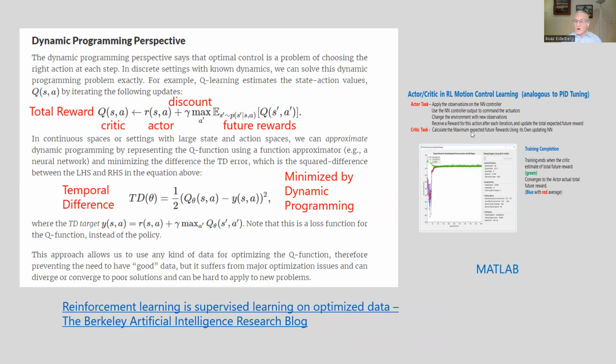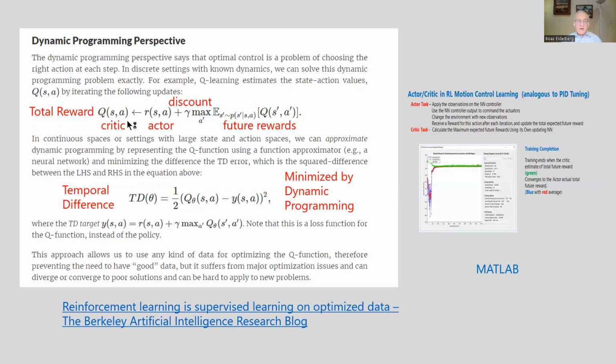We said before, as we saw over here, that the convergence, the optimum solution, is when the expected value of the total reward for the entire process by the critic equals the total reward as calculated by the actor. So what we see over here is the equation of total reward on the left-hand side and on the right-hand side.